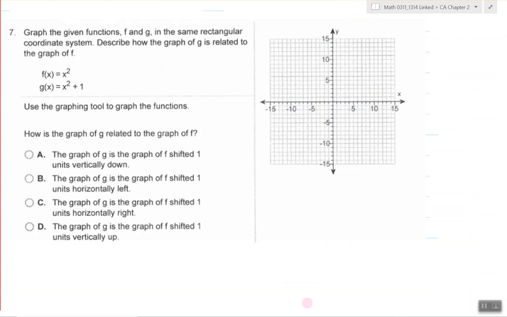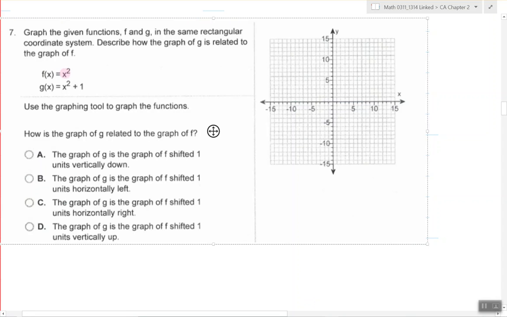All right, question number 7. We're still graphing some functions, and we're beginning to learn about some relationships between similar functions. This one asks us to graph f of x is equal to x squared, and g of x is equal to x squared plus 1.